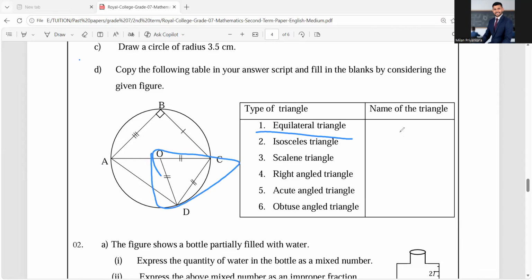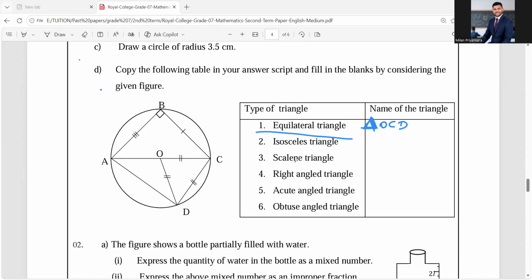The triangle OCD, we usually write the triangle mark and OCD. That means the triangle OCD is an equilateral triangle. Equilateral means all three sides are equal. Isosceles triangle: isosceles means two sides are equal.